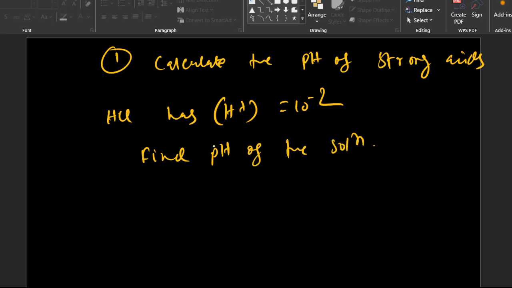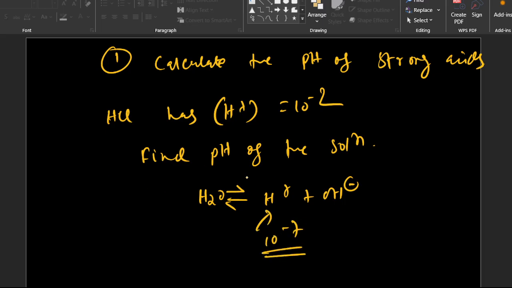Here both water and HCl contribute H plus concentration, but water is neutral. Water also dissociates into H plus and OH minus, but this concentration is 10 raised to minus 7, as we have already discussed. HCl gives H plus plus Cl minus.